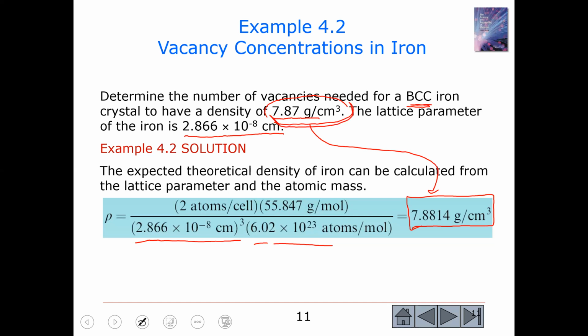Because if you make the vacancy 0, which means that the number of atoms in the iron are complete, the density should have been 7.8814 gram per cubic centimeter.